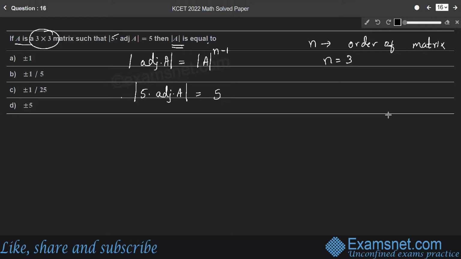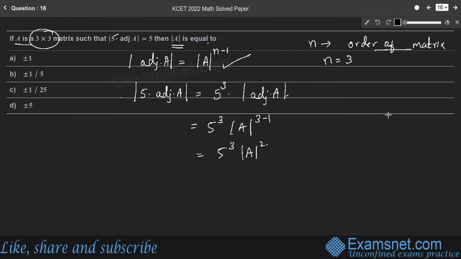When a number is multiplied to adjoint A, its determinant becomes that number raised to the order of the matrix times the determinant of adjoint A. So 5 raised to 3 into the determinant of adjoint A. Since the determinant of adjoint A is equal to determinant A raised to n minus 1, where n is 3 minus 1, it becomes 5 cube into determinant A square.